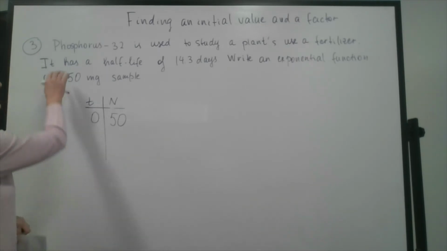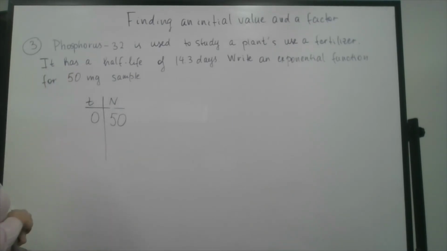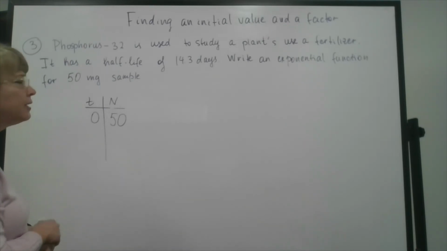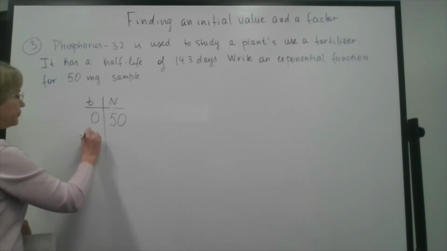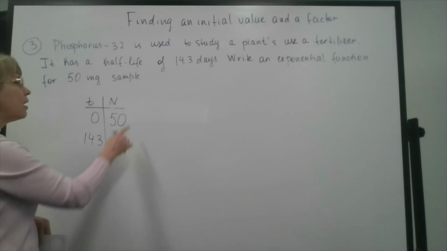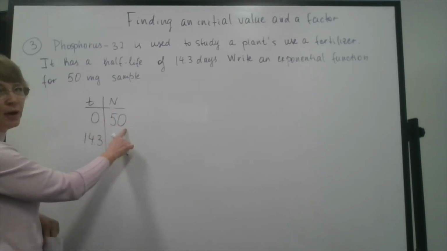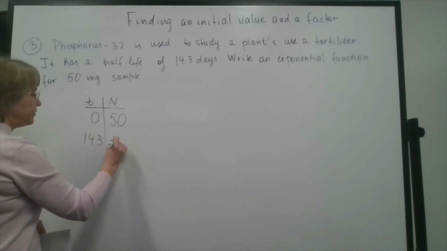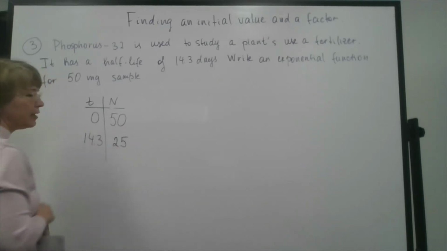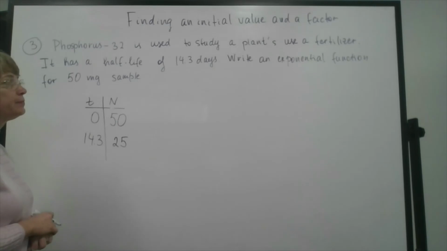Let's read the second sentence. It has a half-life of 14.3 days. How do you understand this? It means that after 14.3 days, you will have just half of the original amount. If you had 50 milligrams, you will have 25 milligrams left.